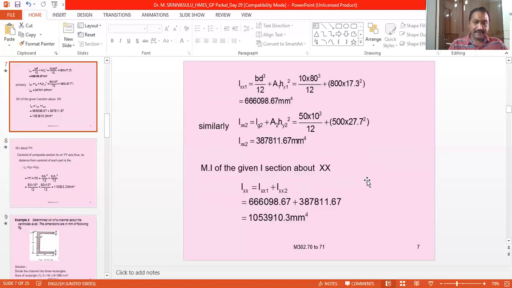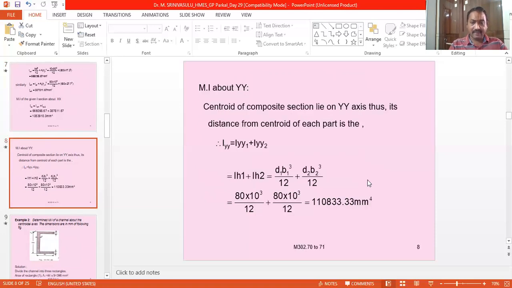So the answer is Ixx equal to 1053910.3 mm4 and Iyy equal to 110,833.33 mm4. They are the answers for Ixx and Iyy of the given T section.